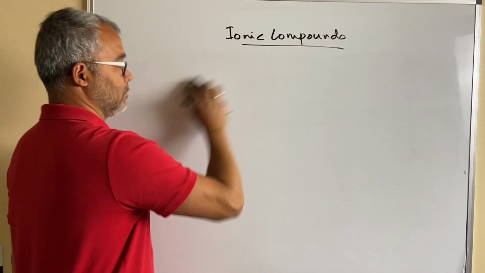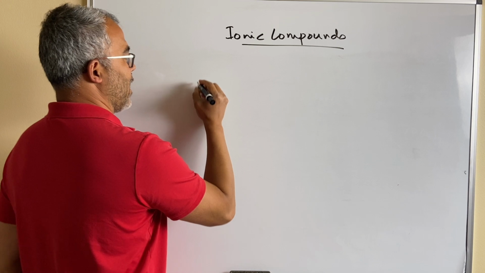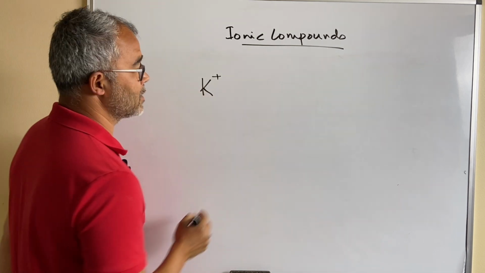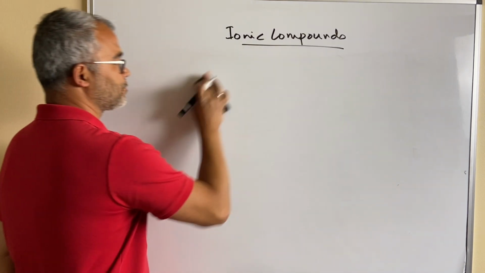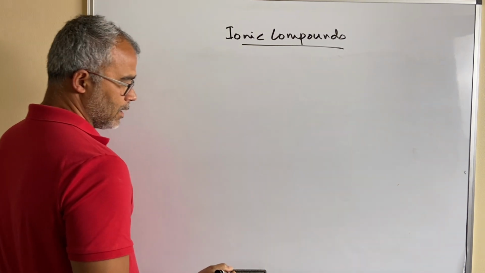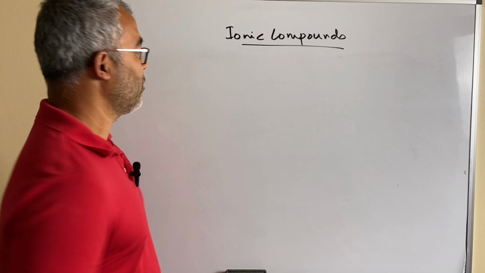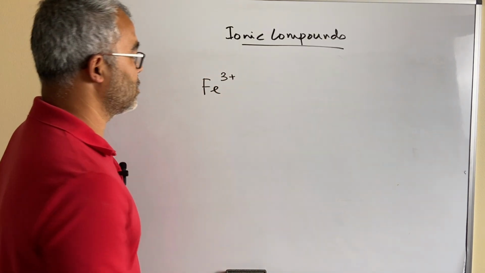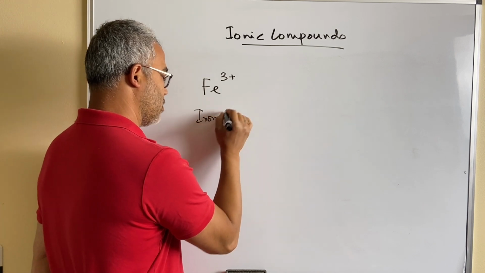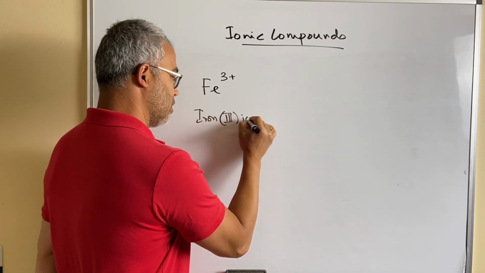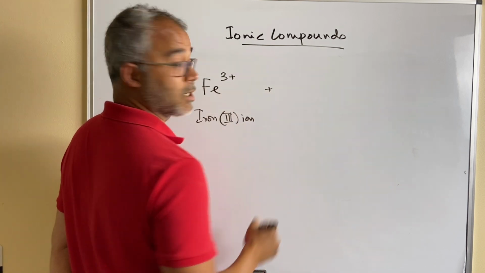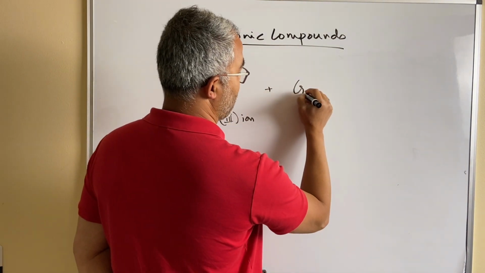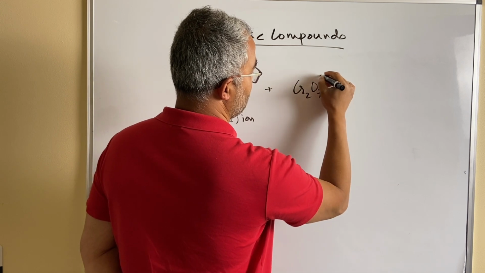All right. Let's take an example with a polyatomic ion. So let's say I have Fe, the 3+ ion. So that would be iron 3 ion, which is combining with, this is an ion that we don't have on the list, so I'm going to write it out, Cr2O7, 2 minus.